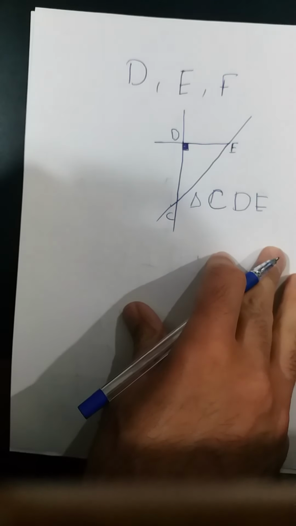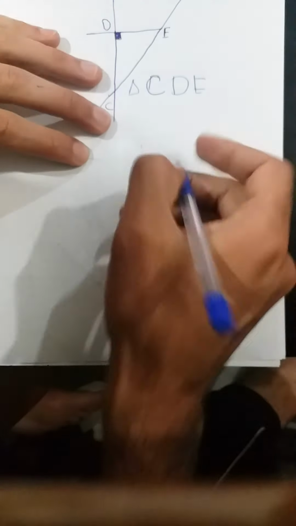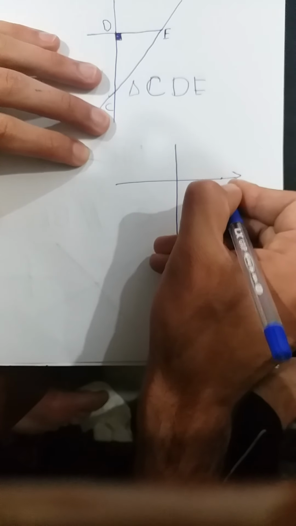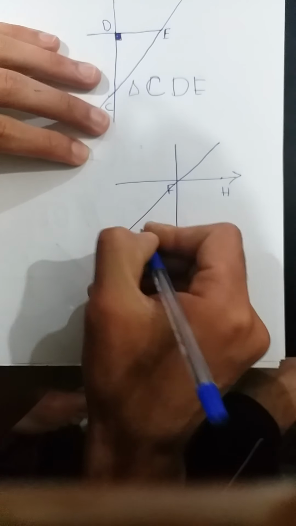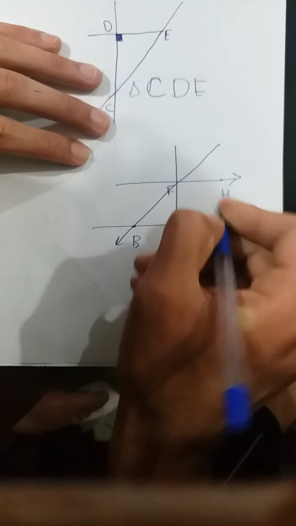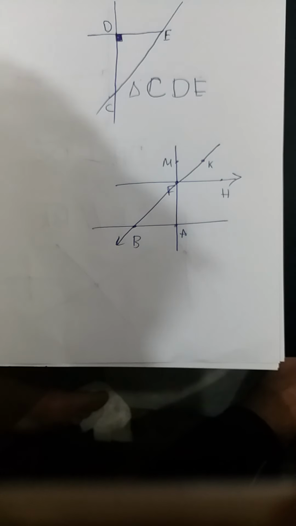He wants me to name an obtuse angle and an acute angle. Look here, I'm going to draw this like this. This is H and this is F, and here's B, and here's A, here's M, and here's K. He wants me to pick an acute angle.